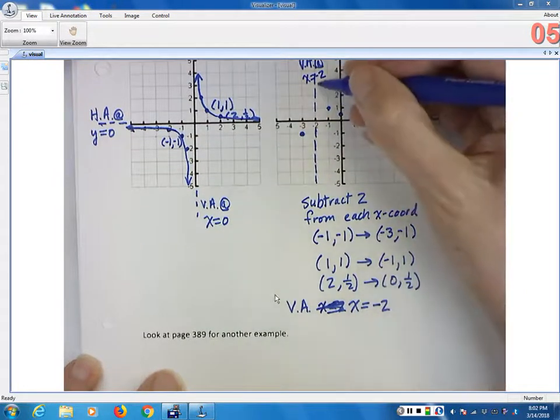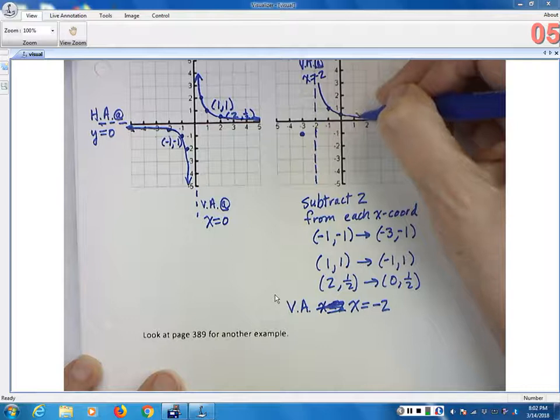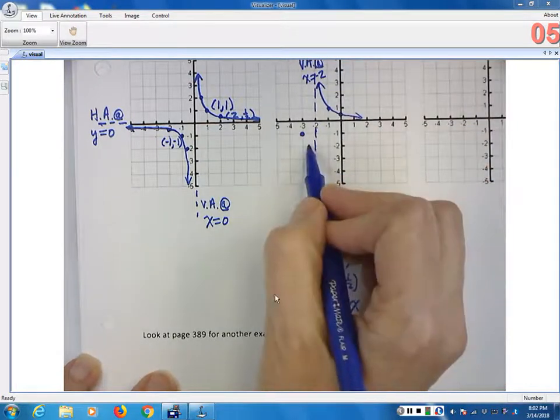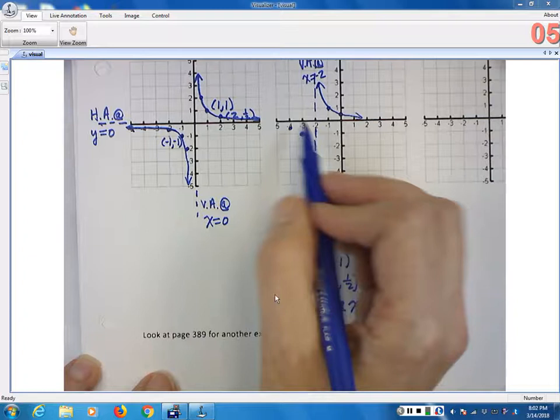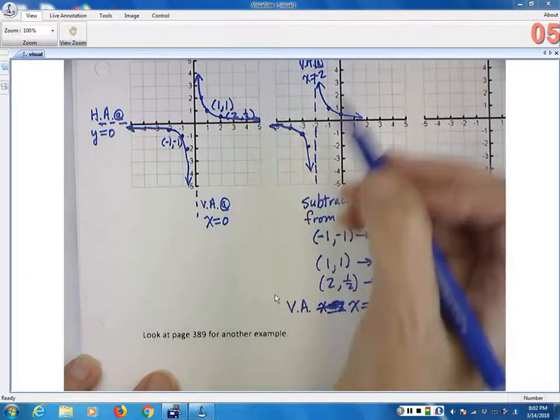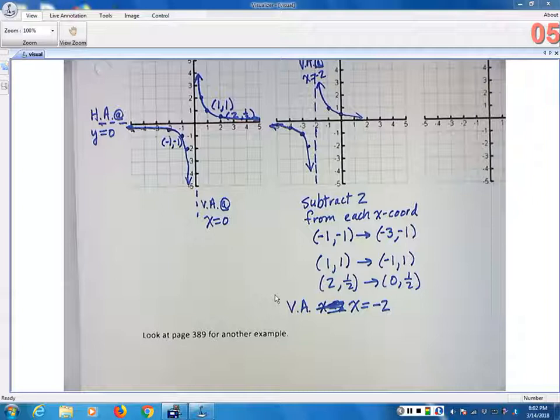Here's the graph. Remember, it can't cross its vertical asymptote. This is step 1. You shifted left 2. So you can do the points if you want.